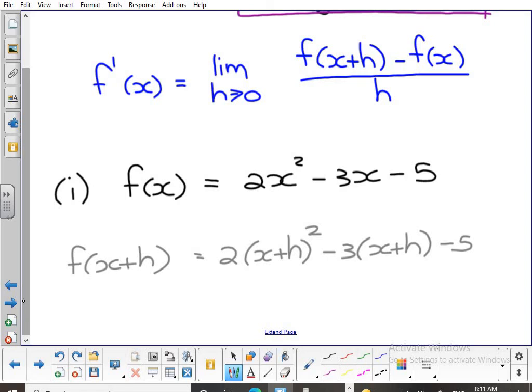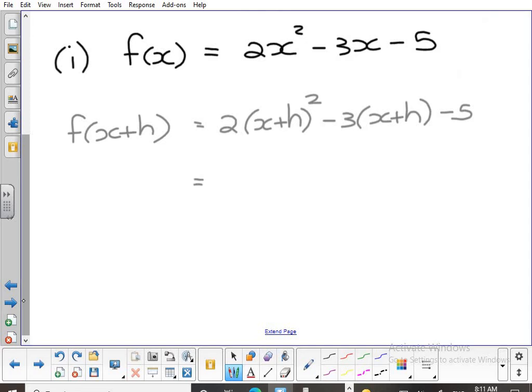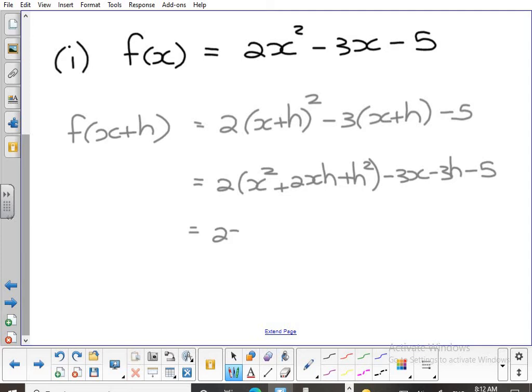And then I simplify before I do anything further. So I'm going to get 2x squared plus 2xh plus h squared, minus 3x minus 3h minus 5. That's going to become 2x squared plus 4xh plus 2h squared minus 3x minus 3h minus 5.